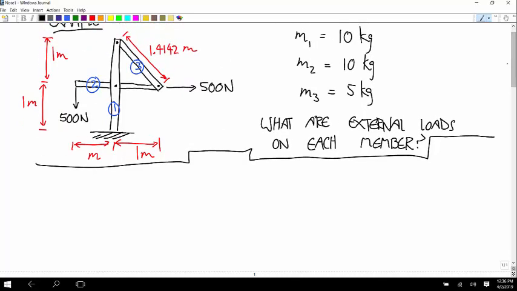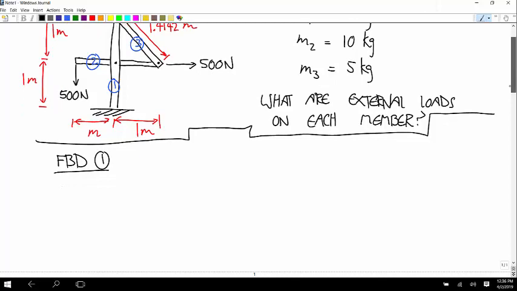Okay, so one by one, we're just going to isolate these members. So I'll start with body 1. There's a weight force that's 10 kilograms times 9.81, so 98.1 newtons.